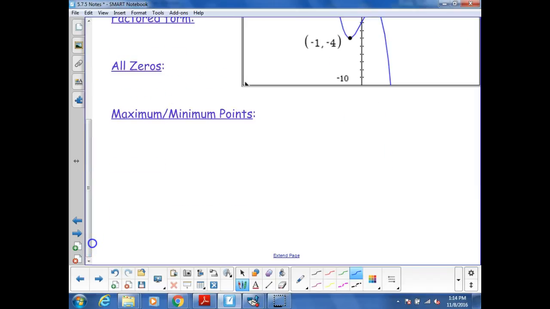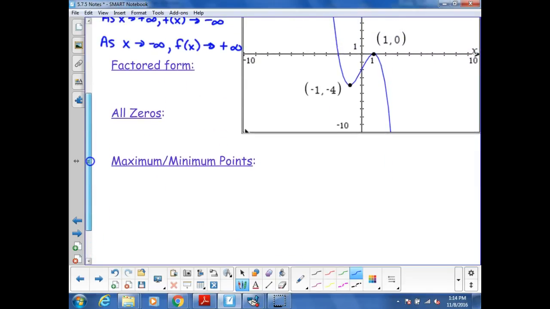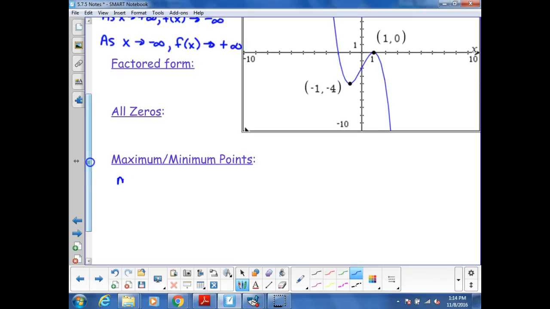I can also give my maximum. Do I have a maximum point here? Do I have a maximum? What is it? 1, 0 is my maximum. Is it an absolute maximum?